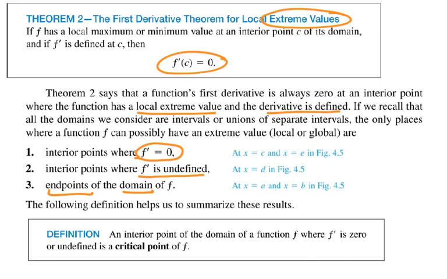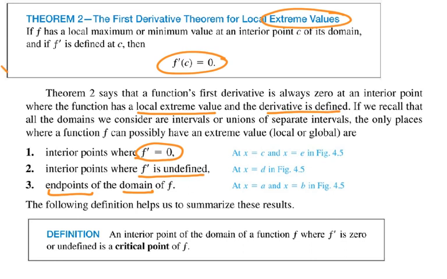So this last definition says that an interior point of the domain of a function f, where the derivative f prime is equal to 0, or where the derivative f prime is undefined, we call that a critical point. So you notice we're using the letter C here. I'm going to refer to those points C on my interval from A to B, that point somewhere in the middle, my critical point.